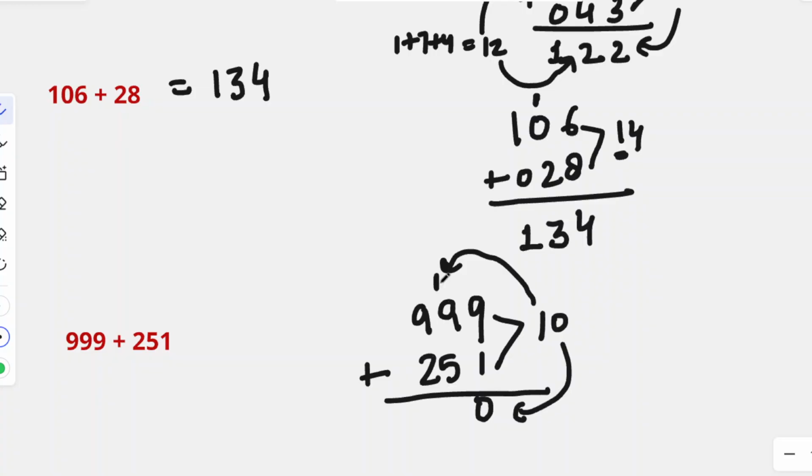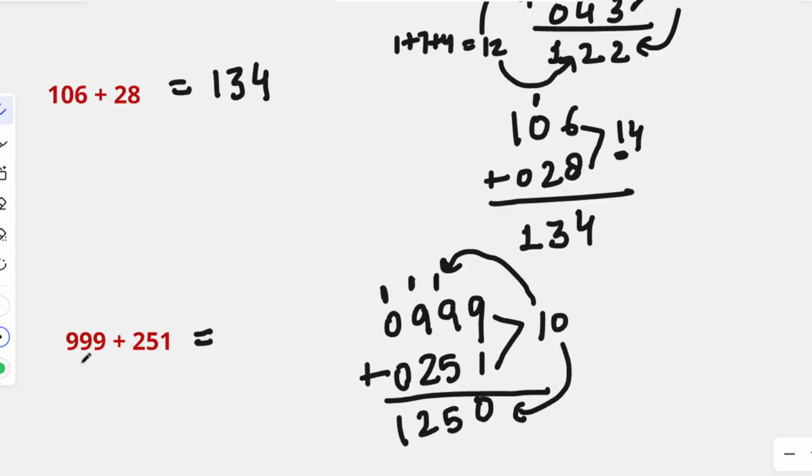Now 1 plus 9 gives 10, 10 plus 5 we get 15. Again 5 will be written here and 1 will be regrouped to the next place value. 1 plus 9 we get 10, 10 plus 2 we get 12. So 2 is written like this, 1 is regrouped to the next place value, but here we have 0. So 1 plus 0 we get 1, right?